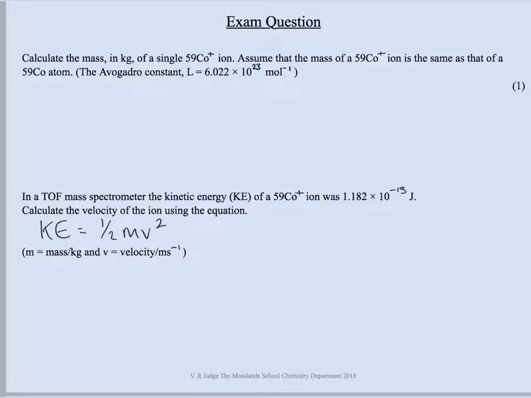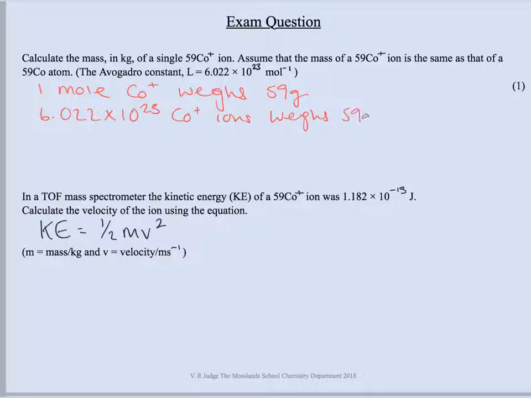So, using Avogadro to calculate the mass of a single ion. Well, we know the relative atomic mass of the cobalt plus ion is 59. So that means that 1 mole of cobalt 59 plus ions weighs 59 grams. We also know from the Avogadro constant that 1 mole of cobalt plus is actually 6.022 times 10 to the 23 cobalt plus ions, and that weighs 59 grams.